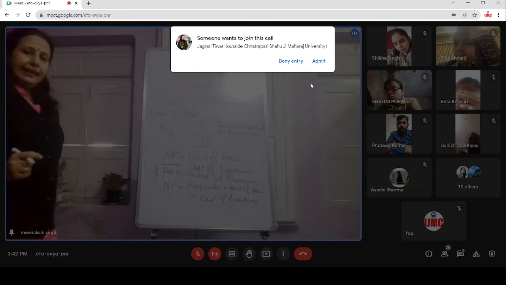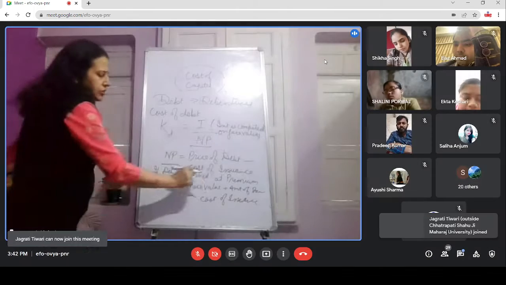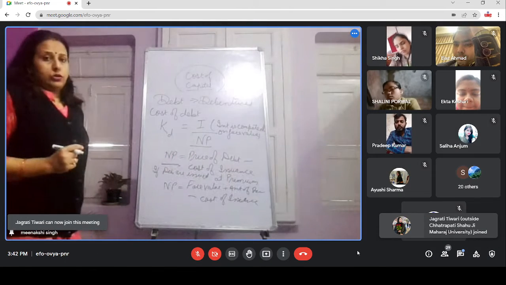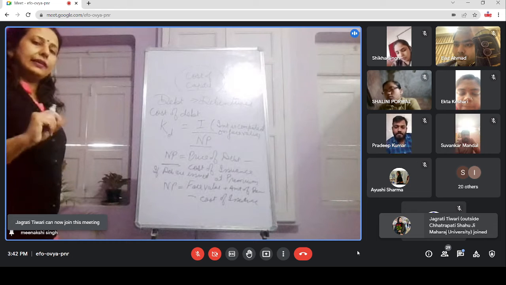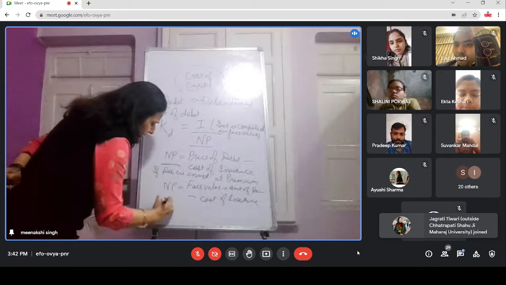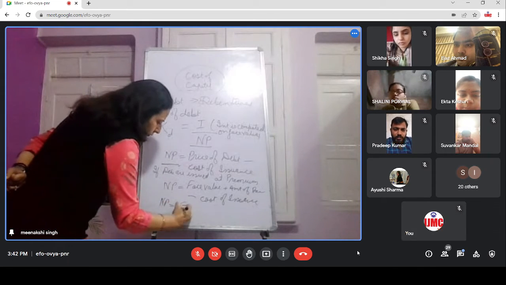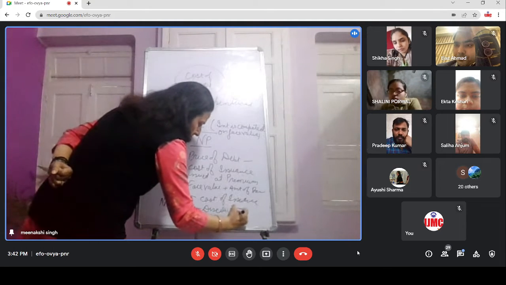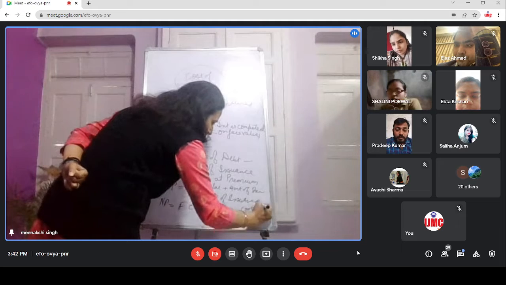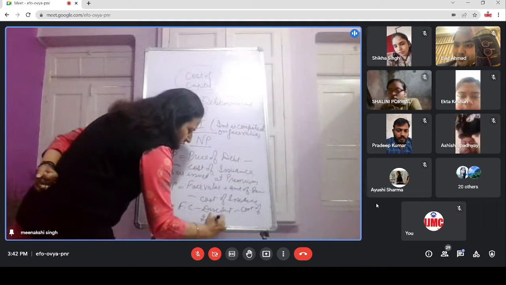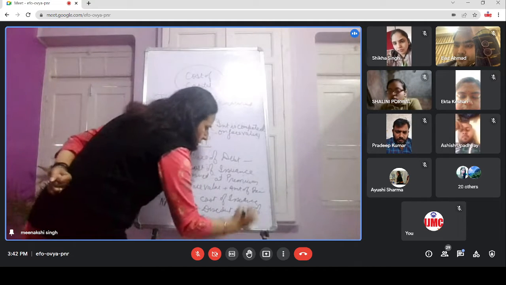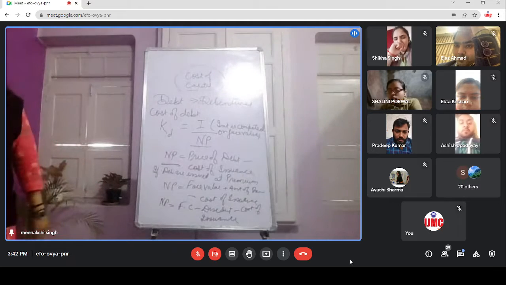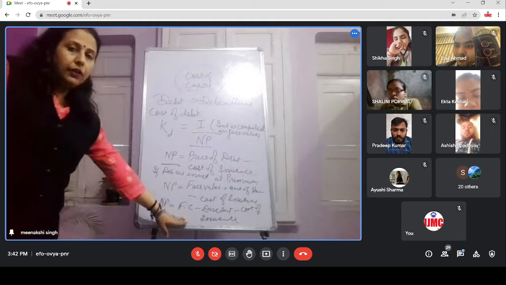On the other hand, if debentures are issued at discount, meaning at a price lower than the face value, in that case the net proceeds will be the face value minus discount and minus cost of flotation, you can also say cost of issuance. The cost of issue of debentures is to be deducted.